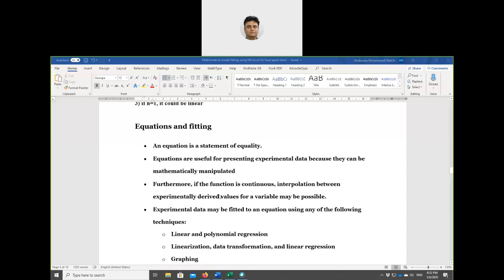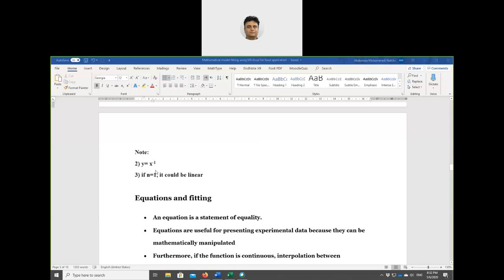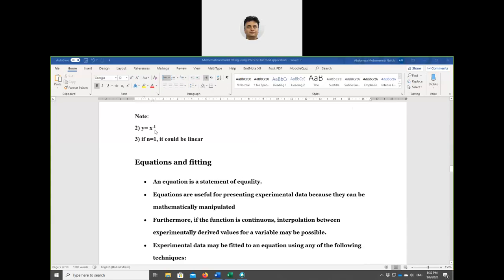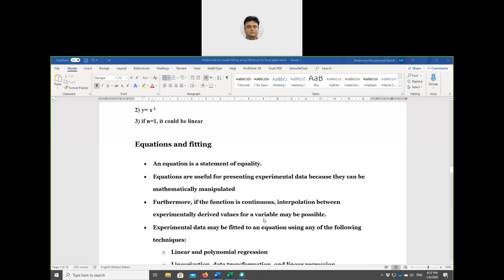Furthermore, the function must be continuous. Some equations are not continuous, like this equation. At x equal to 0 it's not continuous, so we cannot predict at 0, but at other values of x we can predict.